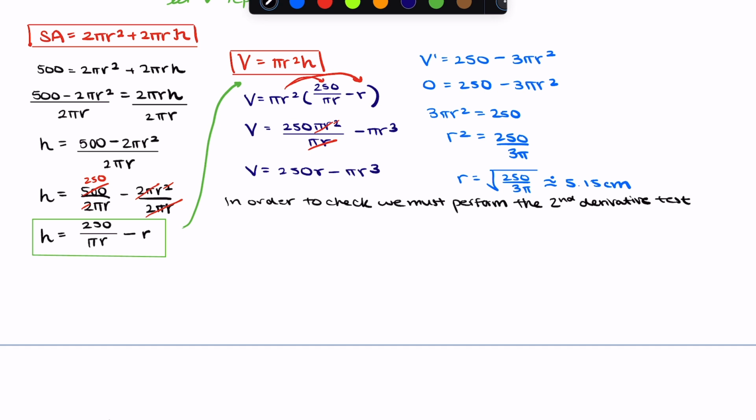The second derivative is equal to negative 6 pi r. And so here, we'll do our number line. We'll go from 0 to our critical point, which is at 5.15.